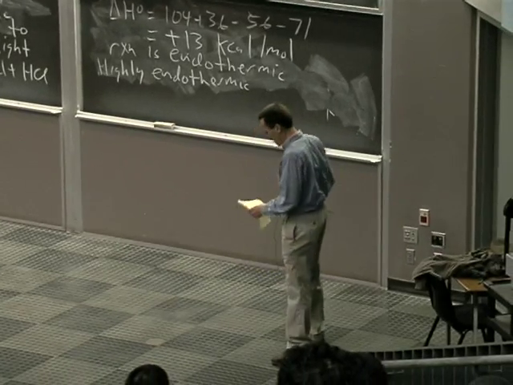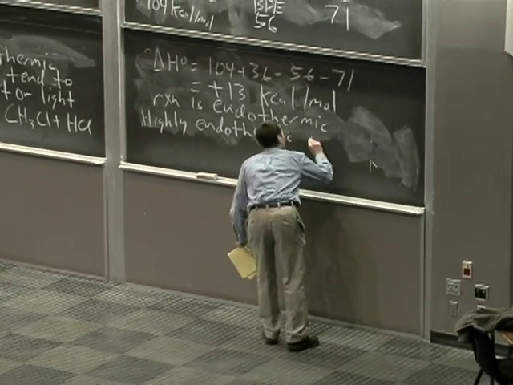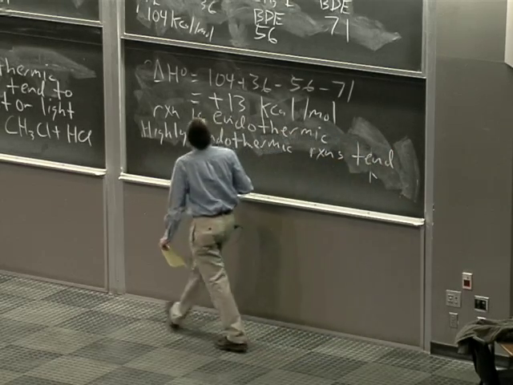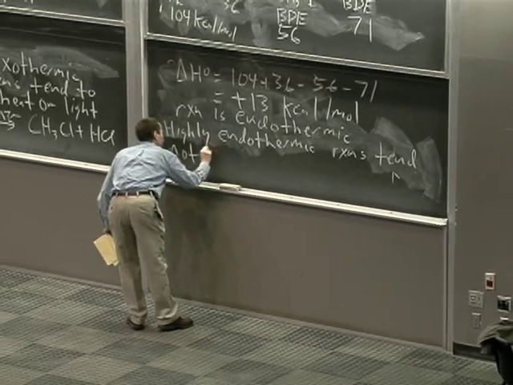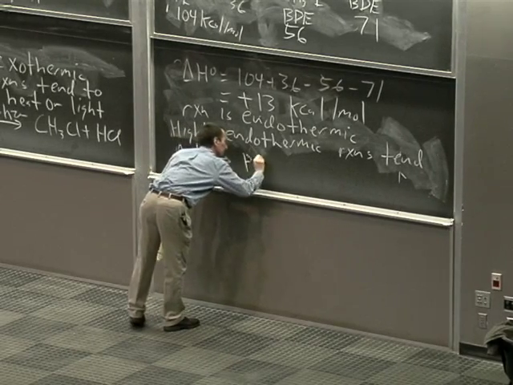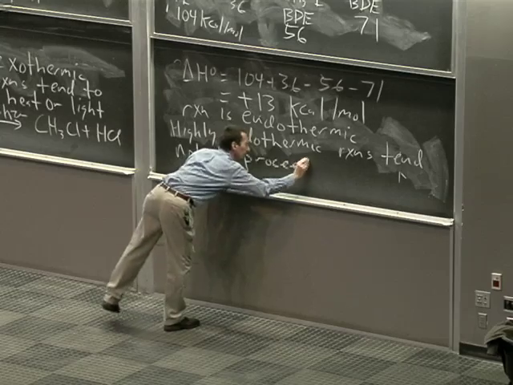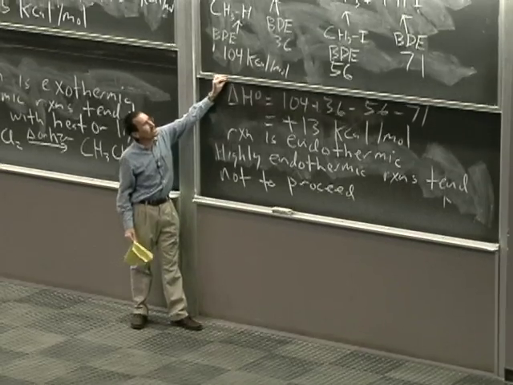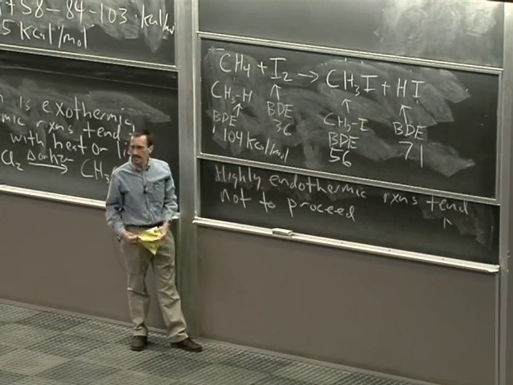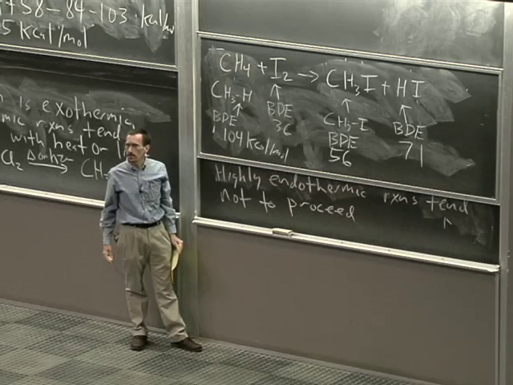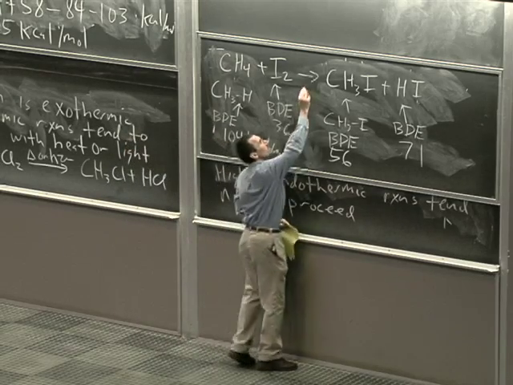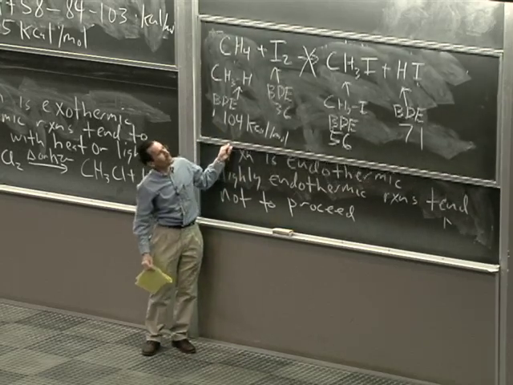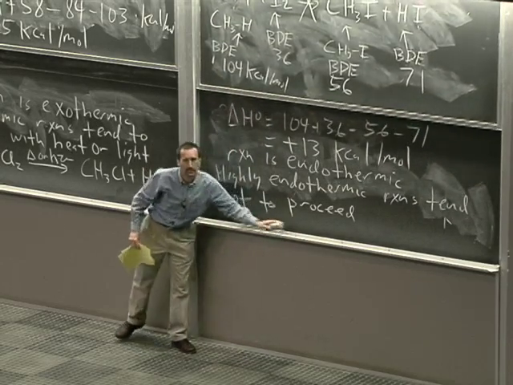That's a good bit. So I can go back to my original equation here and annotate it to ask whether I expect it to proceed, and the answer is I would draw an X through this arrow. This reaction would tend not to go.